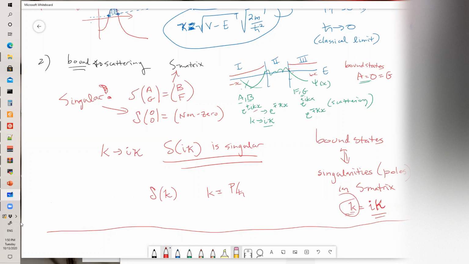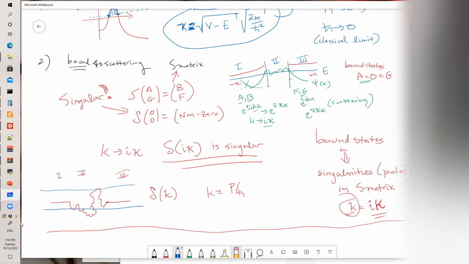Okay. If you have some potential that's zero out here and then something happens, some kind of weird stuff in here in region 2, then the only difference between the scattering problem, which is positive energies, and the bound state problem, well, I should be careful, it's got to actually give us some kind of bound state solution.